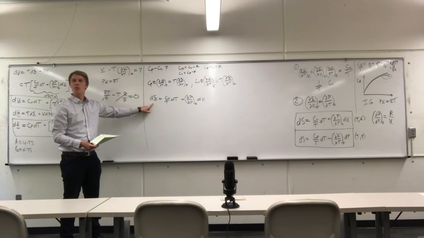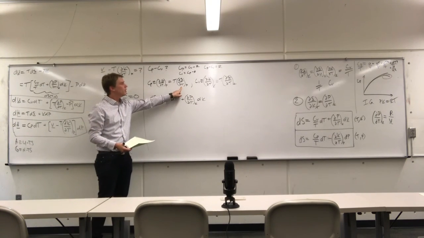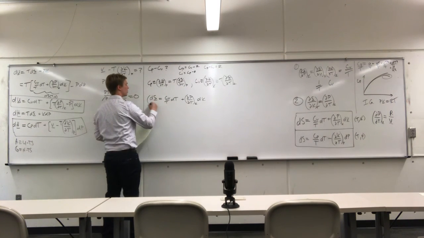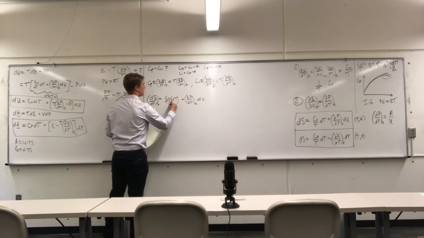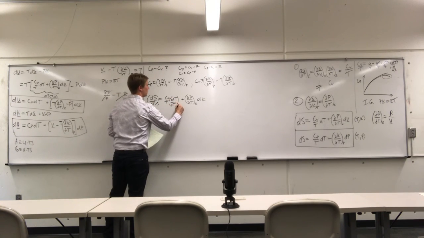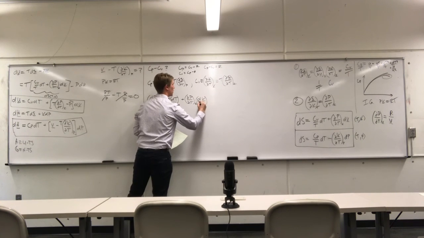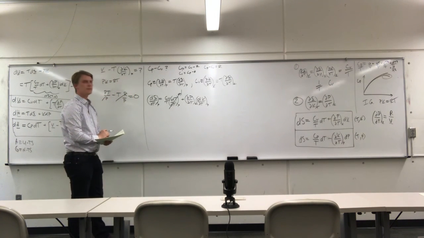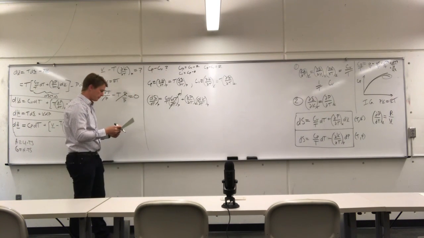So to give us a gateway into relating this to C sub P, let's use this one here. Let's take this whole expression and differentiate it with respect to temperature, holding pressure constant. This expression just goes to 1. We can do a little bit of arithmetic.